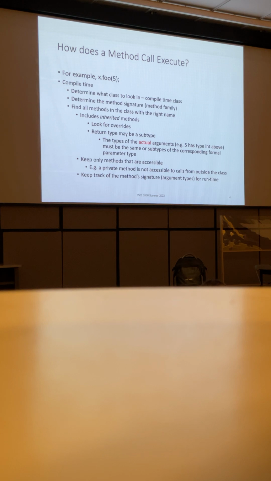Then this was a very important aspect of subtype polymorphism in the presence of overridden methods. We might have several potential matches for a method with the same parameters, but different implementations in different classes.